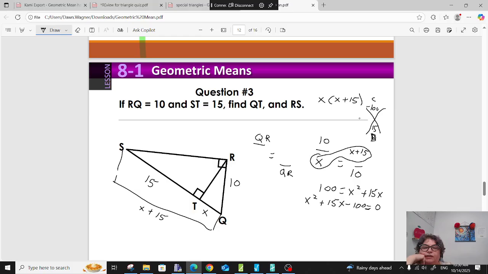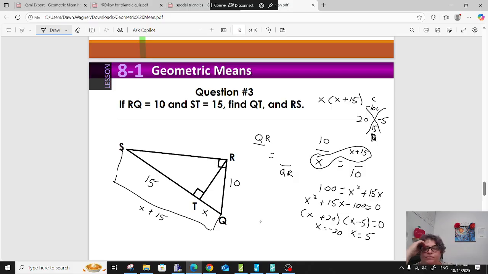What did you tell me? 20 times 5. This needs to be minus. So it'd be X plus 20, X minus 5 equals 0. So X could equal negative 20 or X can equal 5.